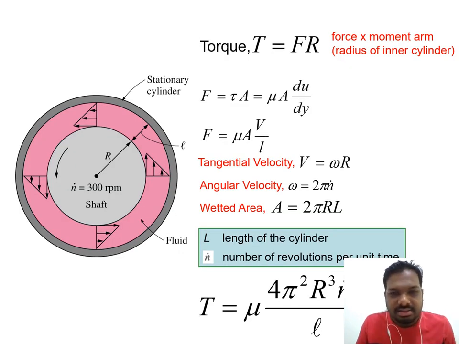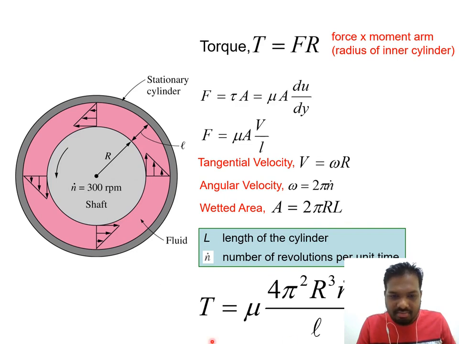These are the calculations involved, some of the formulas that you can use. Some you have already seen in the previous lecture. Tangential velocity v equals omega r, angular velocity omega equals 2 pi, and the wetted area A. Wetted means the connected area, so the area is 2 pi r l for a cylinder.